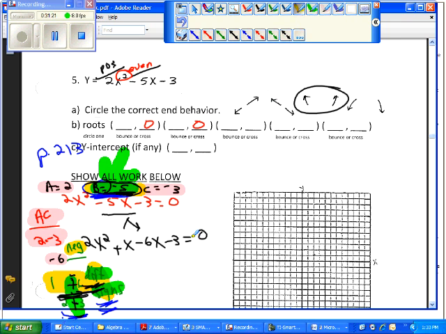And so we made our larger ones negative, the 6 and the 3, okay? And the pair that added to give us the negative 5 was the 1 and negative 6. The next thing we did was we split the middle term, negative 5x, into those two pieces, x minus 6x. And that's where we're at. Split the middle term into those two pieces.